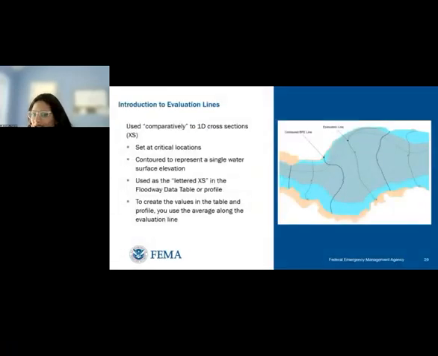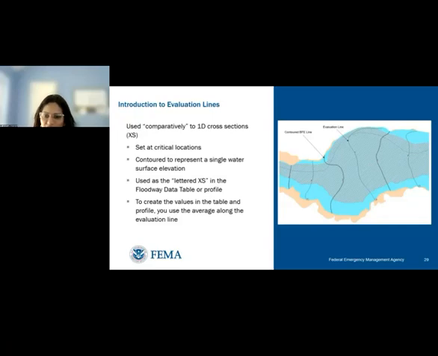So again, I wanted to talk a little bit more about the evaluation lines, as I introduced in the beginning, as the major difference between 1D and 2D is the evaluation lines. Now we'll discuss them in a little more detail. The easy way to understand evaluation lines is that they are like 1D cross sections, but contoured to represent a single water surface elevation. Like in 1D, evaluation lines are set at critical locations and will be shown on the floodway data tables.